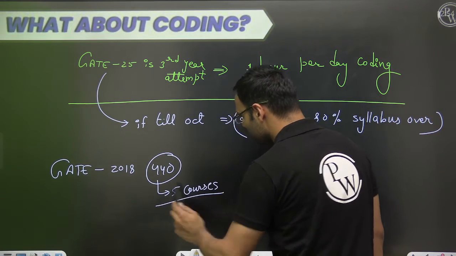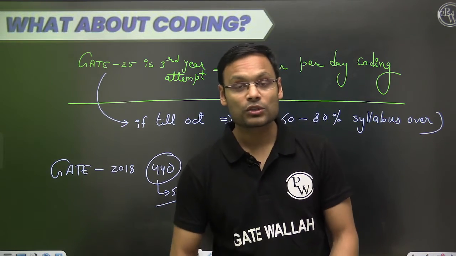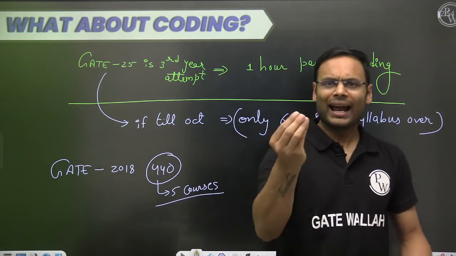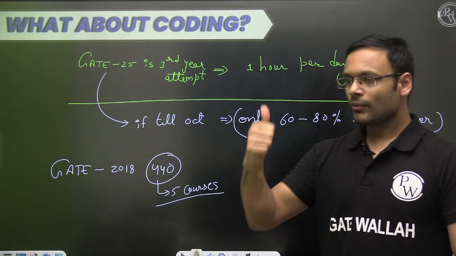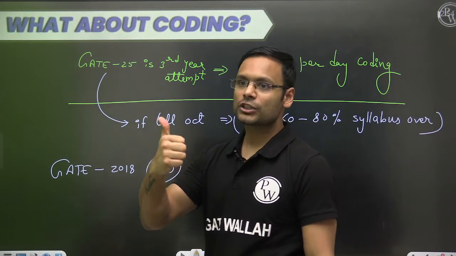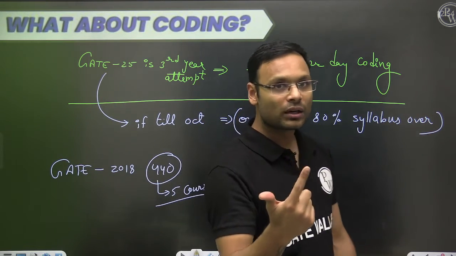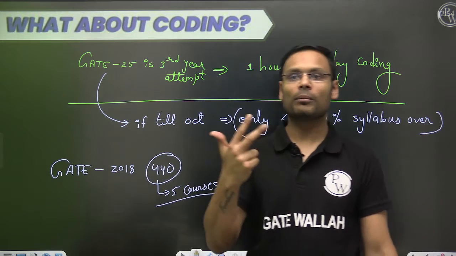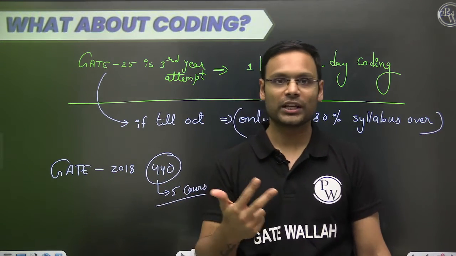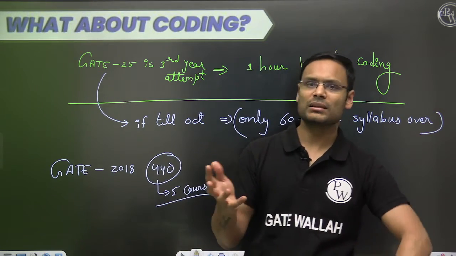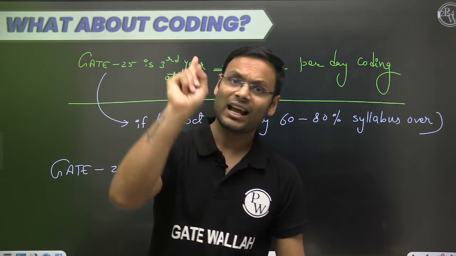Don't be shocked. Just 5 courses I knew, and of course a little bit of mathematics and a little bit of aptitude. I did not solve many questions of discrete math, not a single question of computer network, hardly a question or two from TOC, theory of computation, and I skipped a lot of questions of other courses, DBMS, etc. also, but still I got this rank.